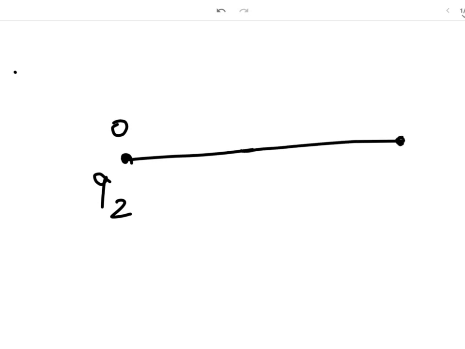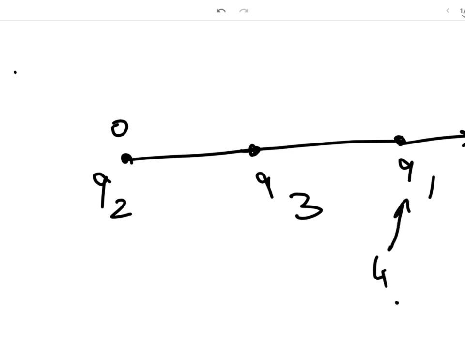Number 4 says 3 charges lie along the x-axis as shown in the diagram. Here on the origin you have Q2, you also have Q1, and here you have Q3. The positive charge Q1, which is 4 microcoulombs, is at x equals 4.